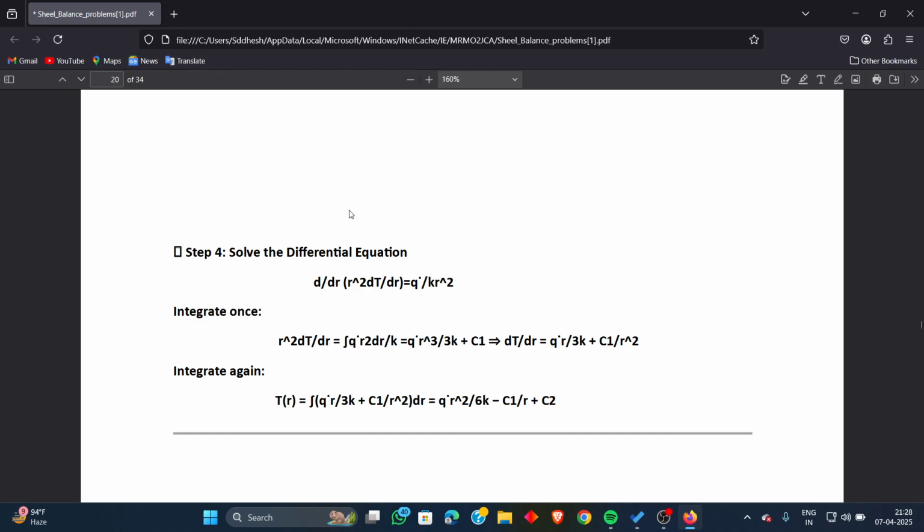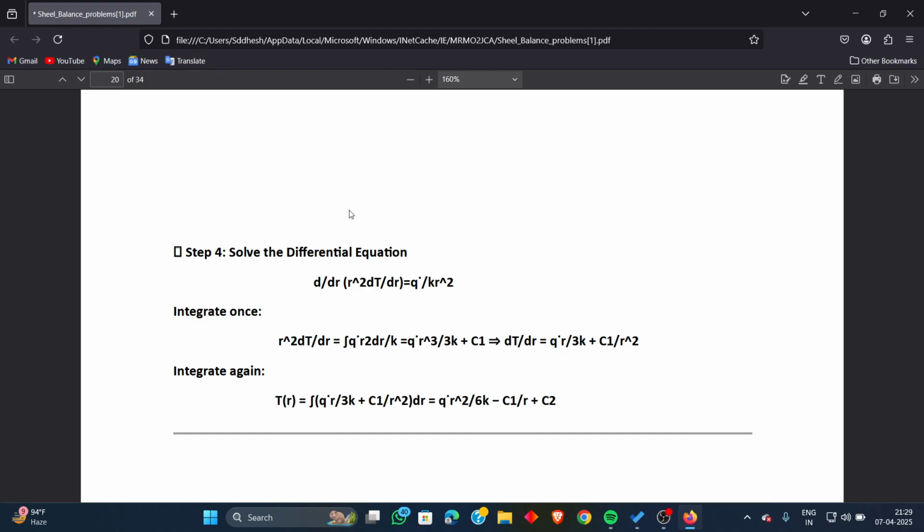Solve the differential equation d by dr of (R square dT by dr) is equal to q dot R square by K. Integrating once, R square dT by dr is equal to the integration of q dot R square dr by K, which is q dot R cube upon 3K plus C1.